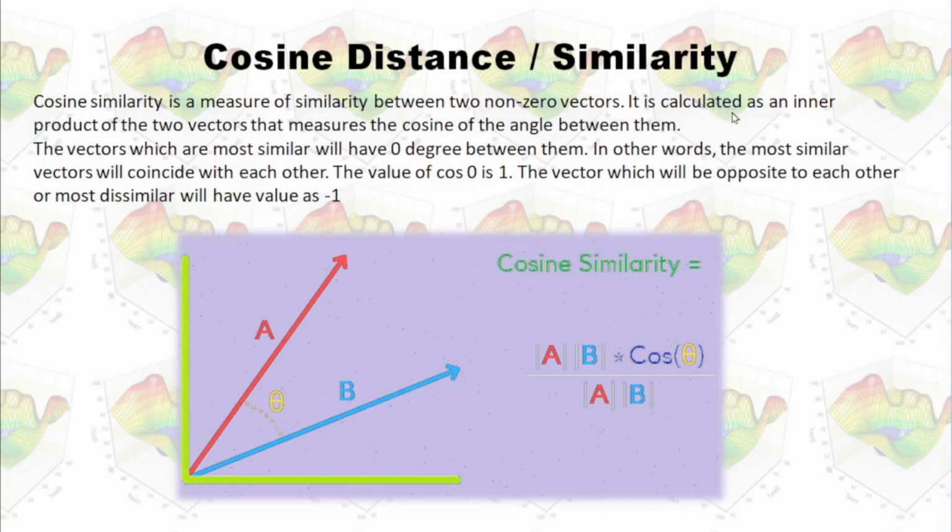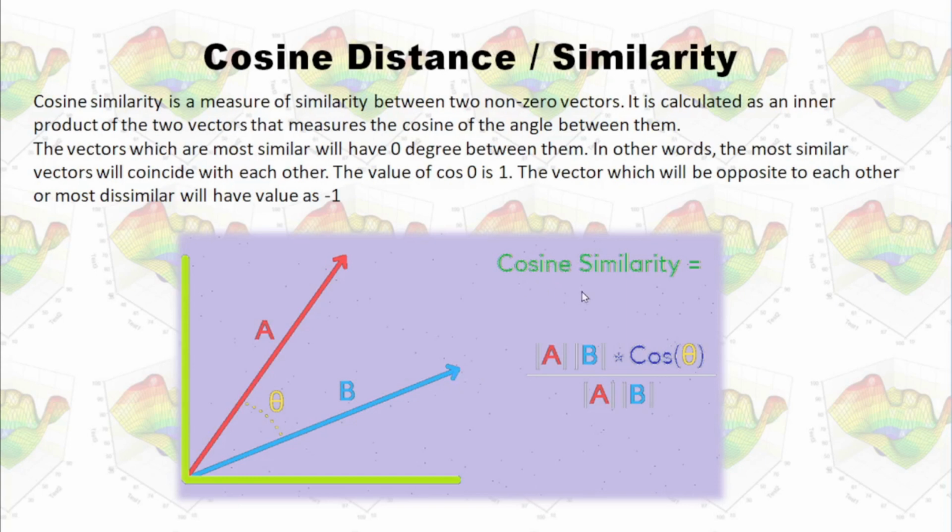It is calculated as the inner product of the two vectors that measures the cosine of the angle between them. Basically, cosine distance doesn't care about the length of the vector. It only considers the direction of the vector.